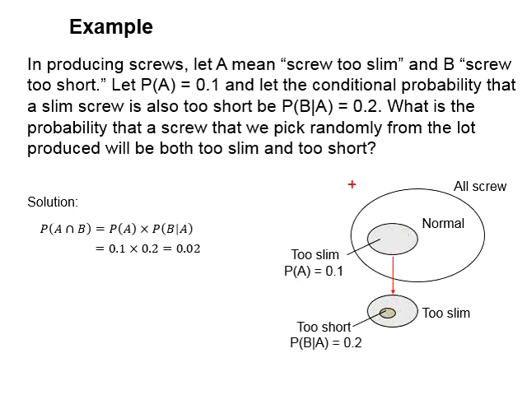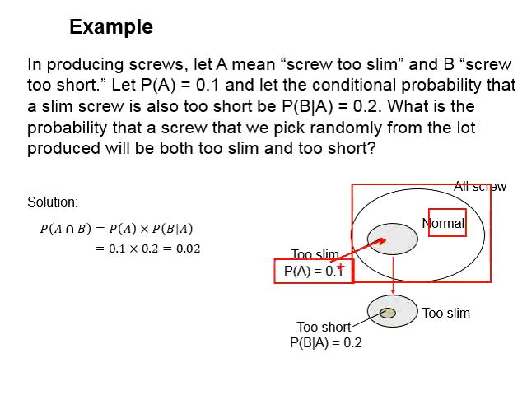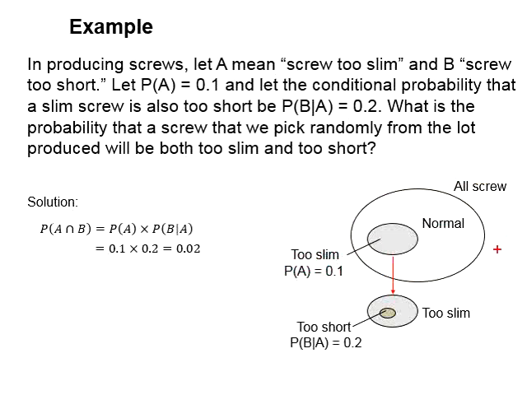That means out of all the screws here, the normal ones will be 0.9, while the screws which are too thin will be 0.1. And within the group of screws which are too thin, 0.2 are also too short. That means 20% of the group which is too thin is also too short.